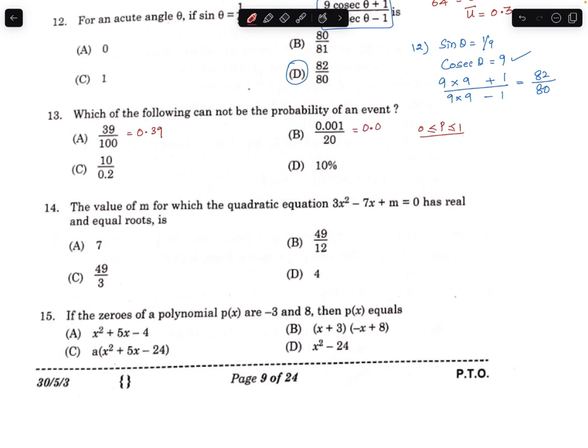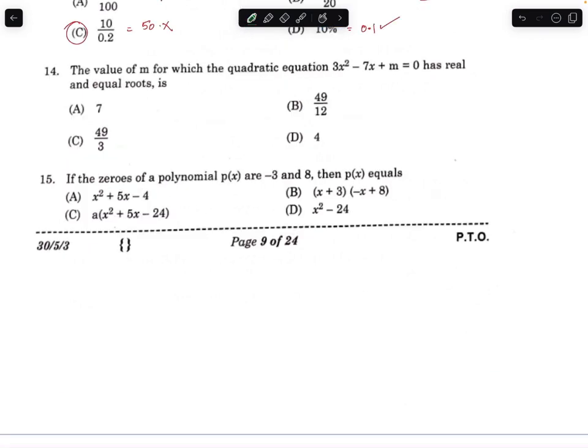This gives us 0.0005, which is also in a permissible range. Coming to option D, 10% is nothing but 0.1. Again, this is also in the permissible range. Coming to option C, 10 upon 0.2 will give us 50, which is not possible. So the odd man out is option C.